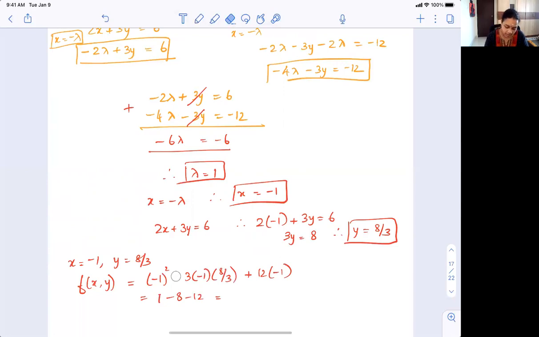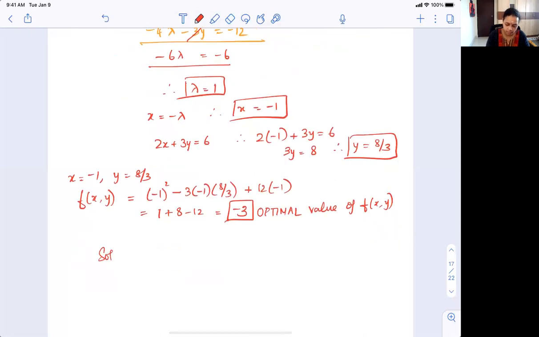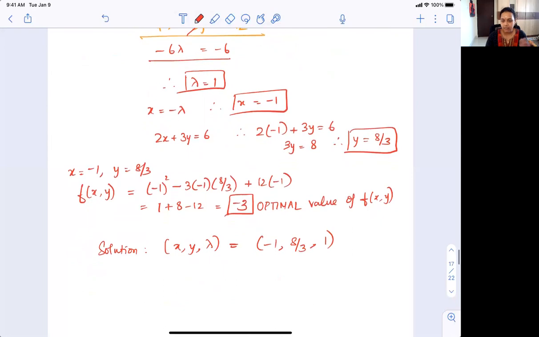It's x squared minus 3xy, so this will be plus 8. So you get 1 plus 8 minus 12, which is minus 3. So that's your optimal value of f(x,y). And your solution of x, y, λ is minus 1, 8/3, 1. That is all you need to solve the Lagrangian optimization problem.